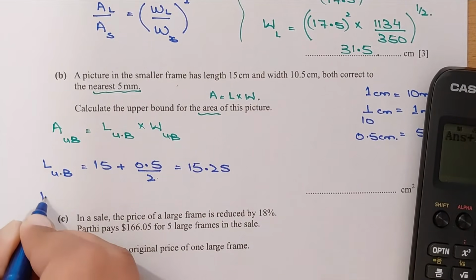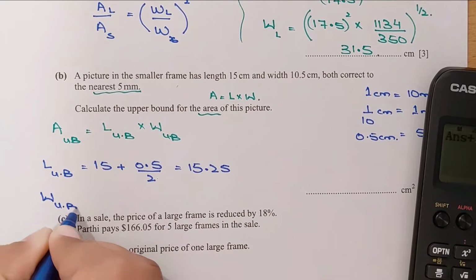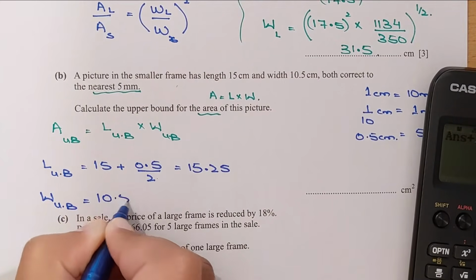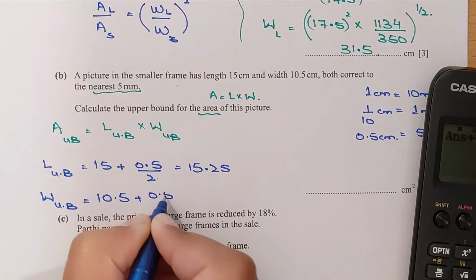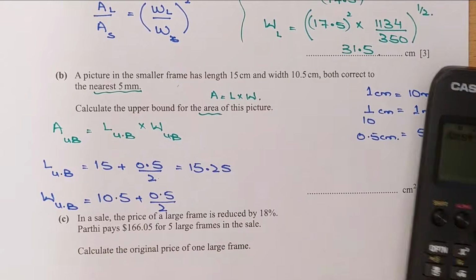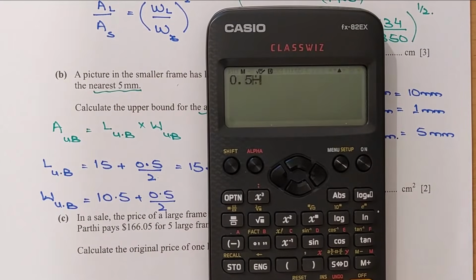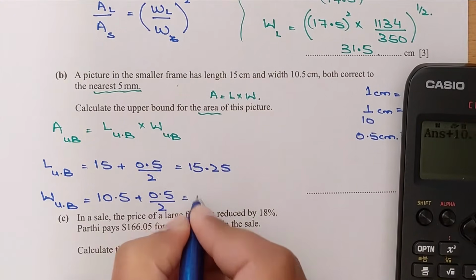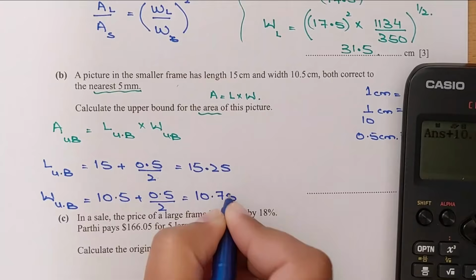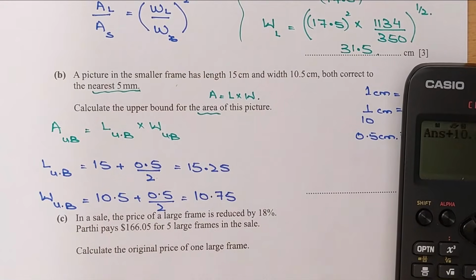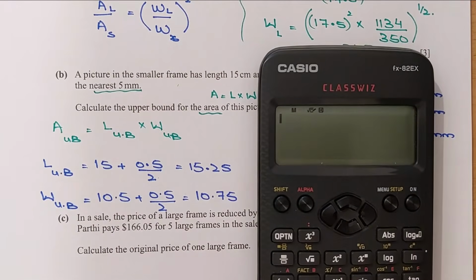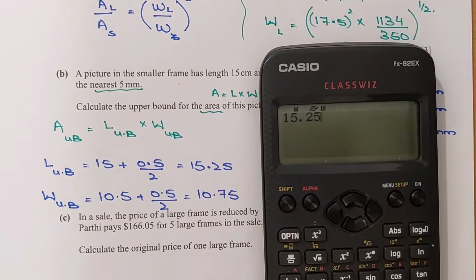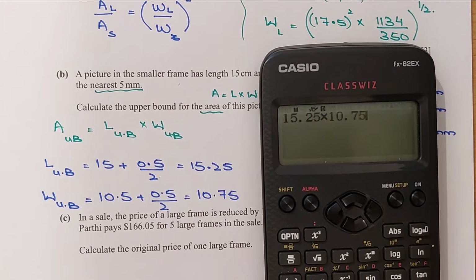Now the width upper bound: the width is 10.5, we add 0.5 divided by 2, that is 10.75. Now the area is the product of both, so 15.25 times 10.75.